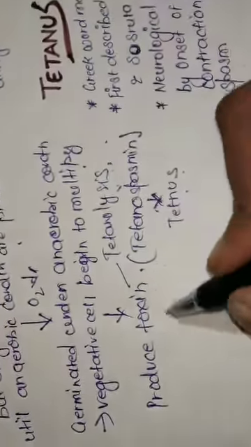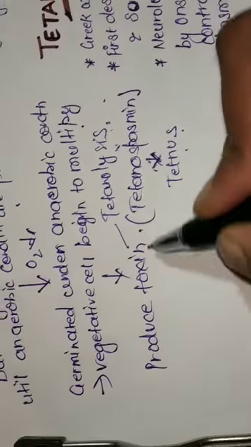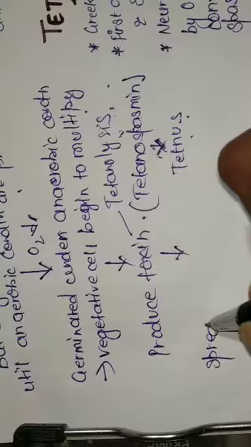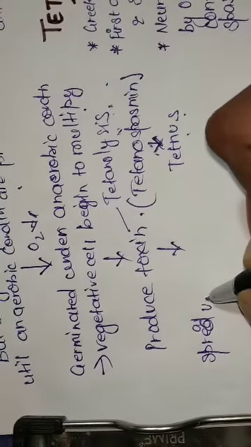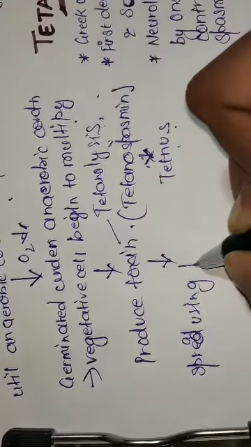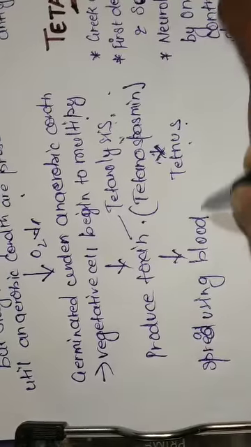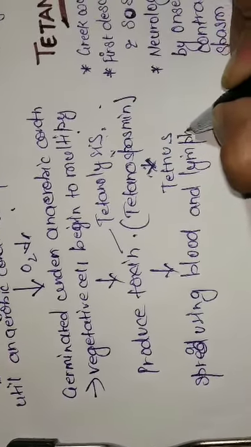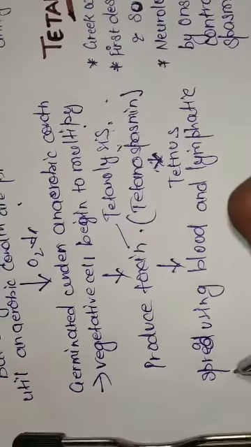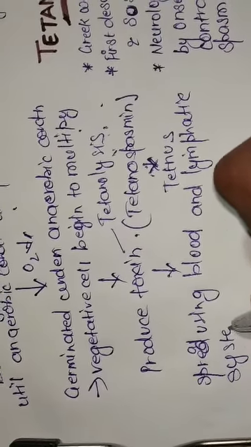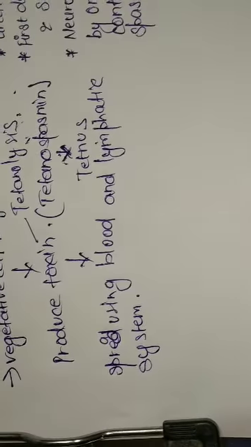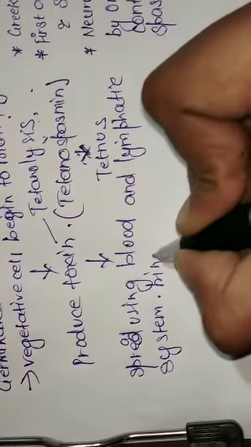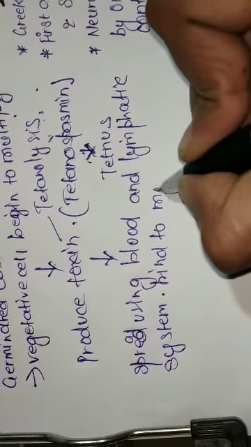After the production of the tetanus toxin, it is spread using the blood and lymphatic system, and binds to the motor neuron.